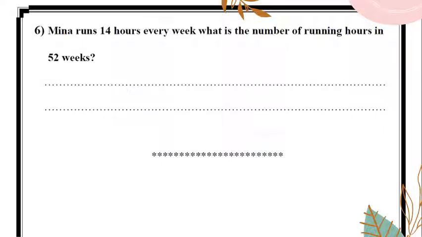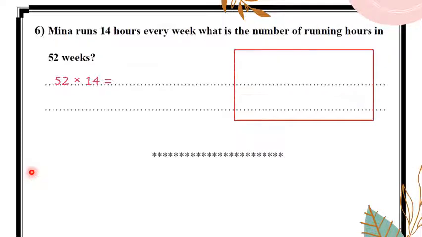In the last example, Mina runs 14 hours every week. What is the number of running hours in 52 weeks? First, let's do 52 times 14. Let's multiply by using the area model. Let's draw it. Then I will break 52 into 50 and 2.